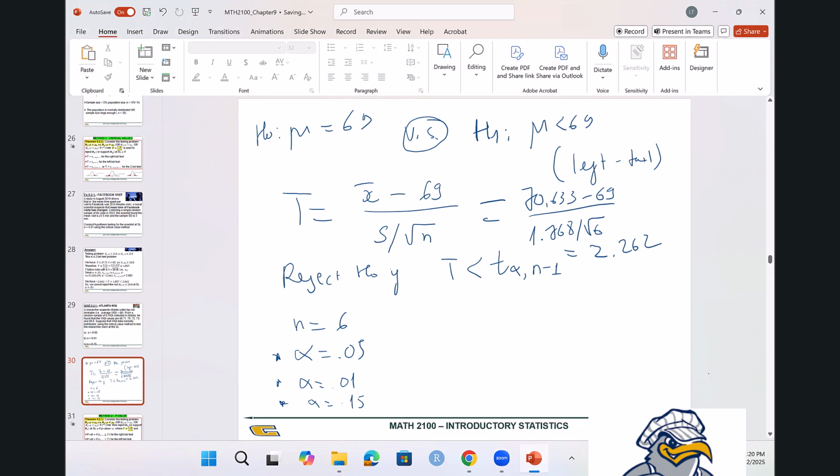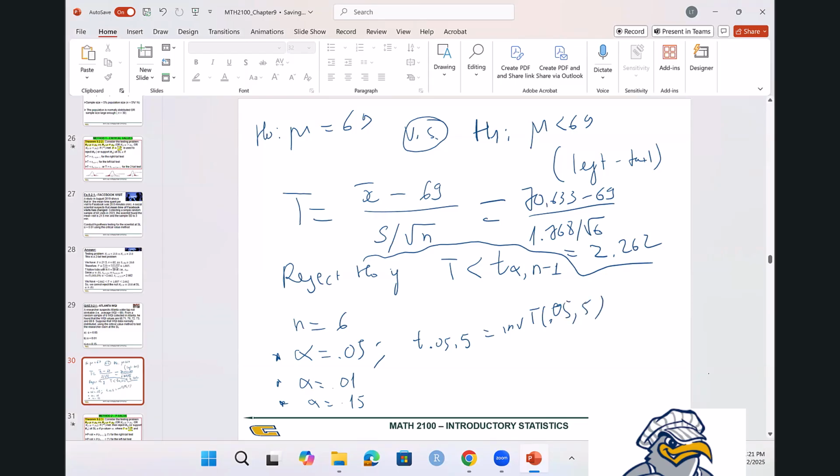Now, you reject H naught if your test statistic is less than the critical value. If alpha is 0.05, your T 0.05 with n minus 1 equal to 5 degrees of freedom will be inverse T of 0.05, 5.